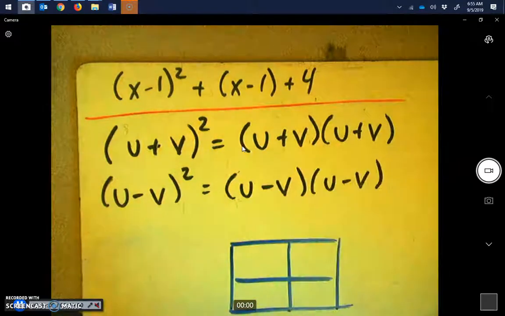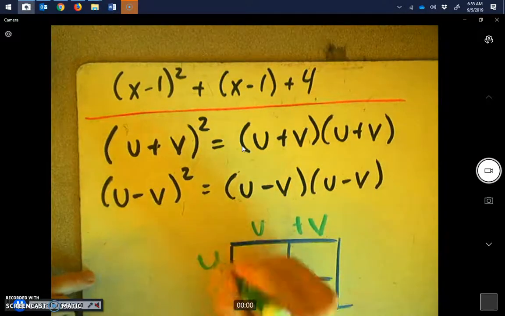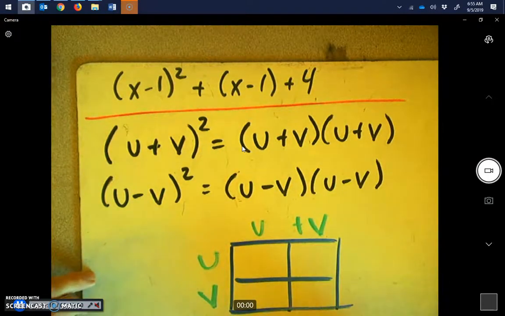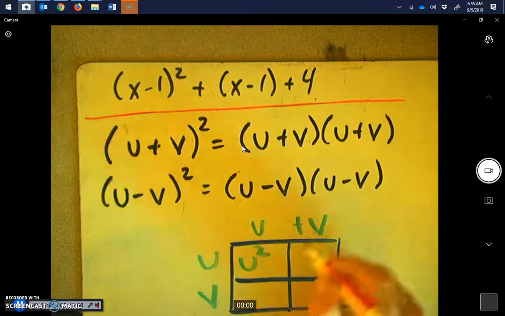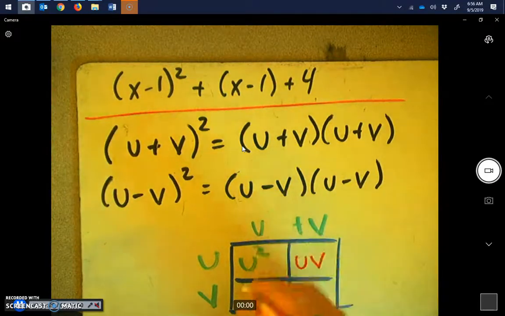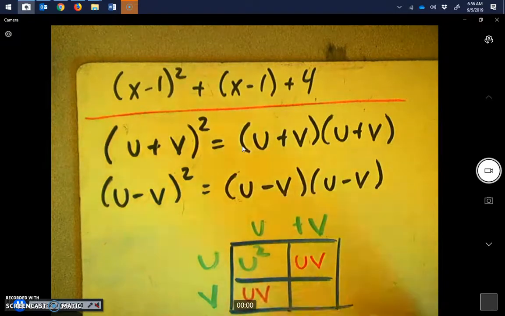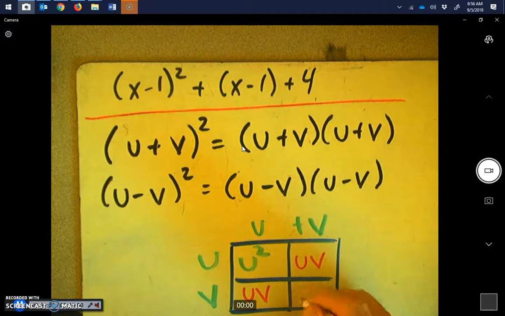Okay, so I'll do U plus V, U plus V. All right, U times U is U squared. Then U times V is UV, and then U times V is UV. And then V times V is V squared.